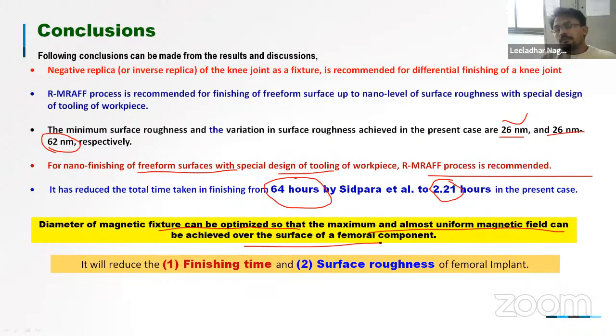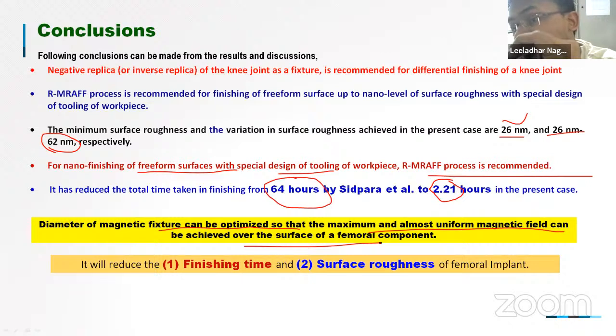Overall, whenever we talk about prototype development, whether it is the shape and size of the product or the development of the process, we are basically doing two things in this research work. We have developed the replica through reverse engineering, and we have developed the process for finishing that complicated shape.